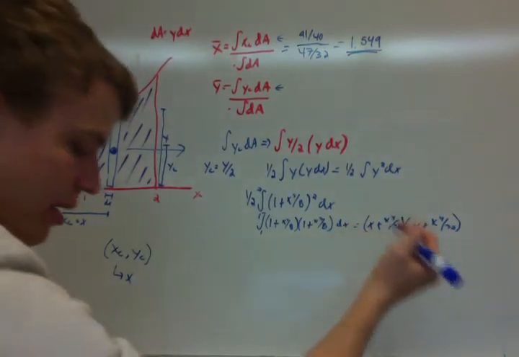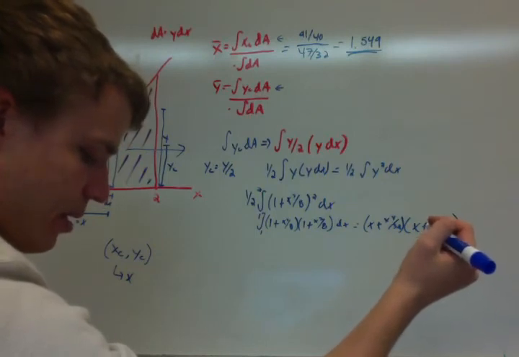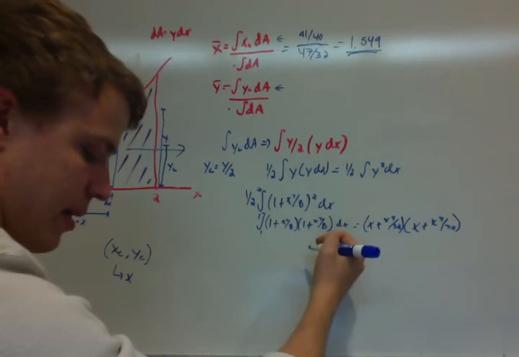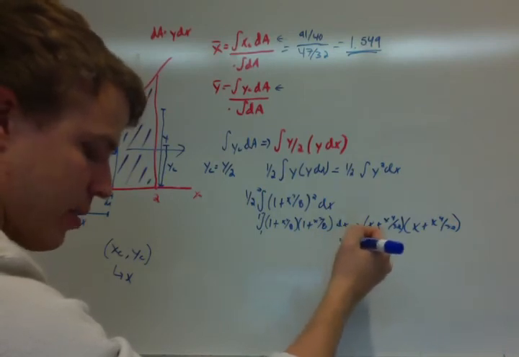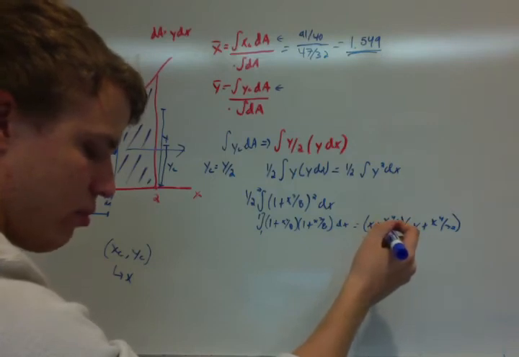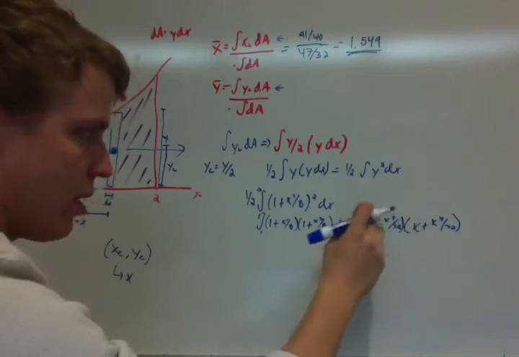You should end up with, let's see, you're going to have x squared. I should have distributed this first.